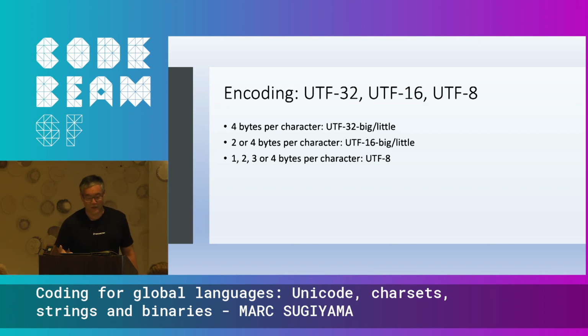The easiest one to think about is UTF-32, which basically means you use a 32-bit value to represent each character, right? So since Unicode is only 24 bits, you can pretty easily map how the characters show up in the byte stream. You could also do UTF-16, where you use either 2 or 4 bytes.